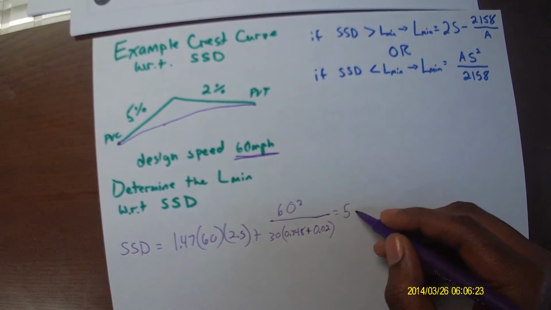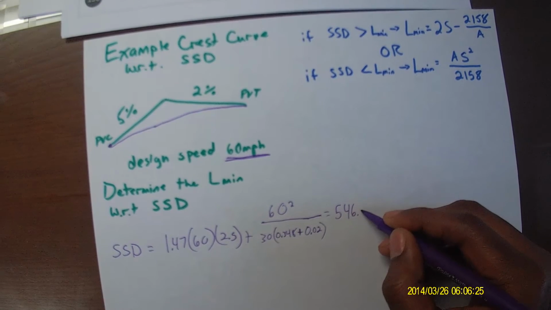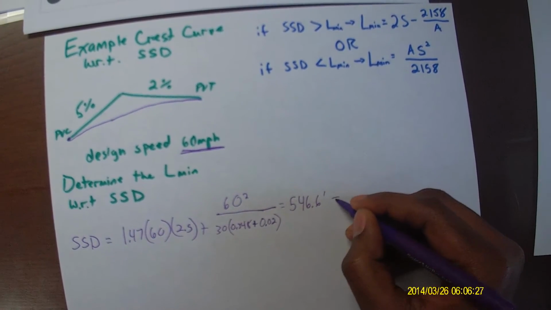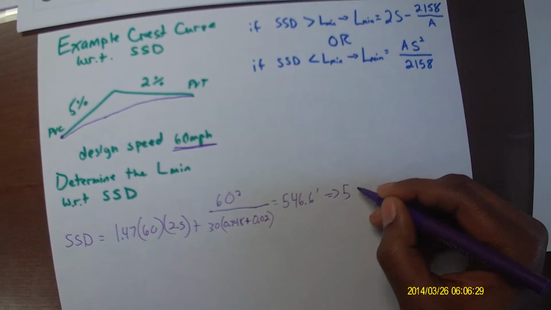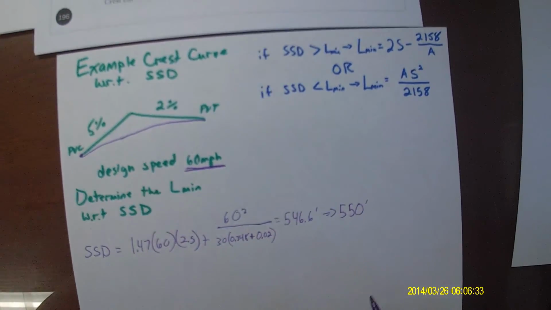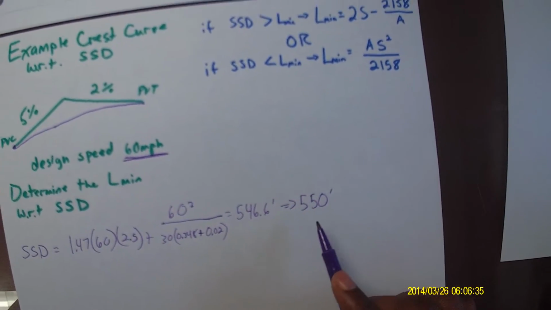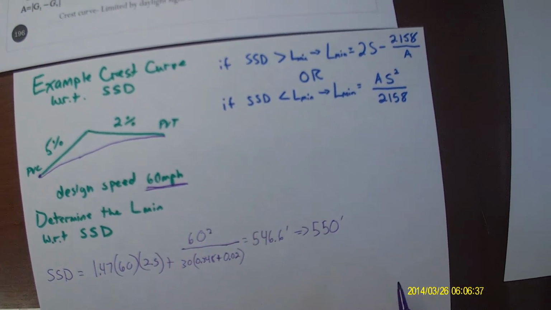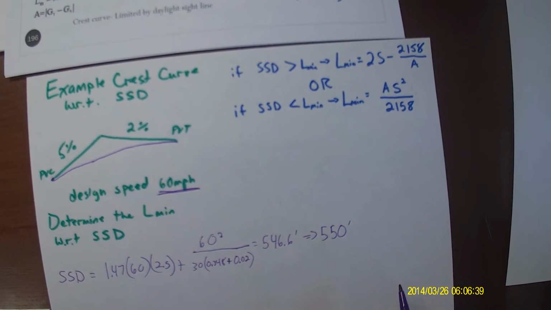We should end up with 546.6 feet, which of course we're going to round to 550. Let's go ahead and use this stopping sight distance and see where we end up as far as the minimum length is concerned.